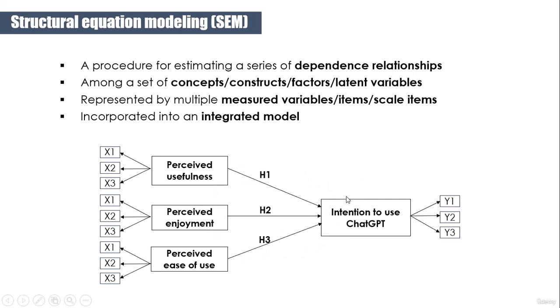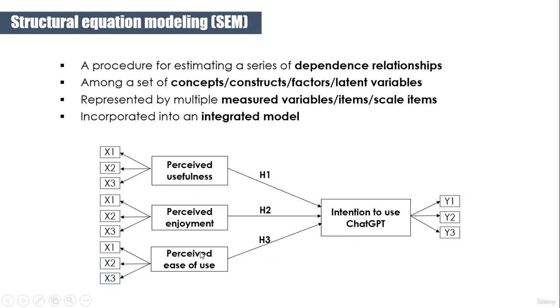This construct depends on these three. That's why it is called a dependence relationship among a set of concepts, constructs, factors, or latent variables. These are perceived usefulness, enjoyment, ease of use, and intention to use ChatGPT. These are called concepts, constructs, factors, latent variables, and so on. So we are trying to understand the dependence relationship among these constructs.